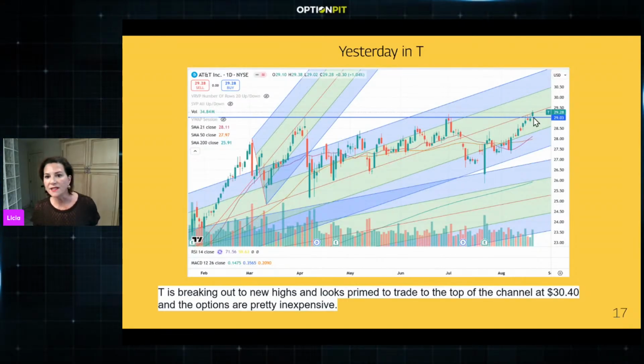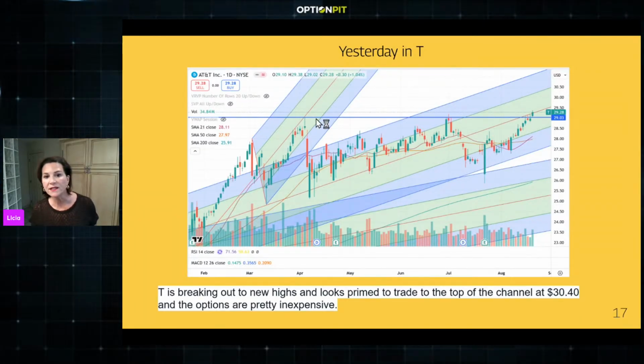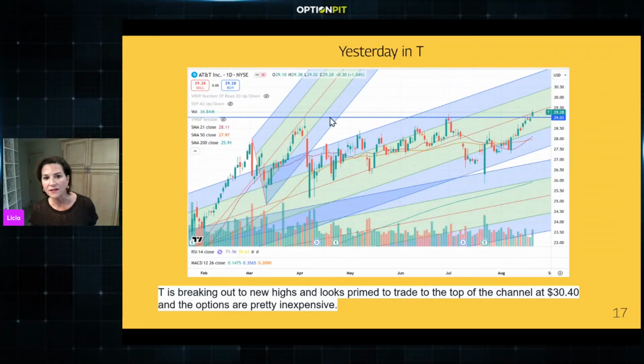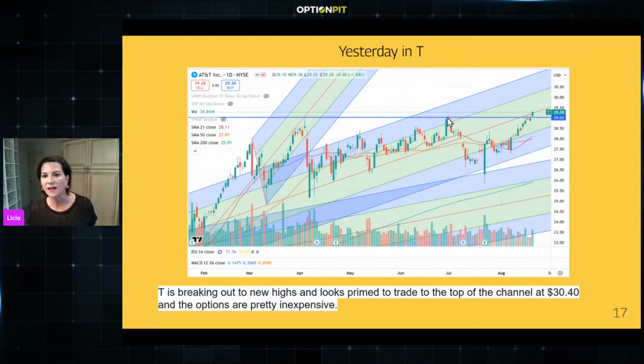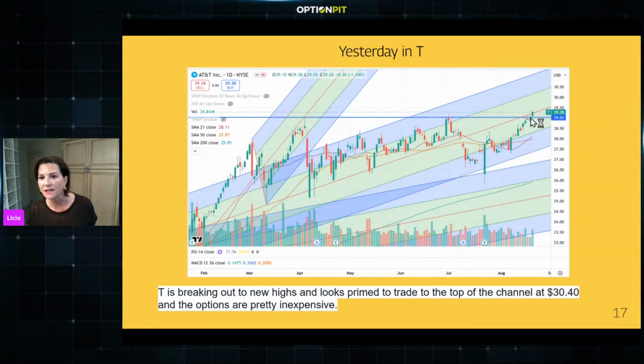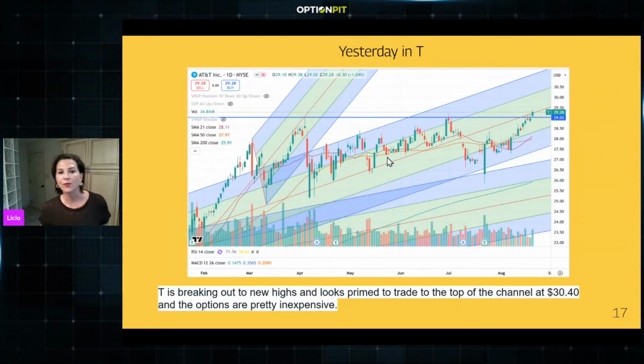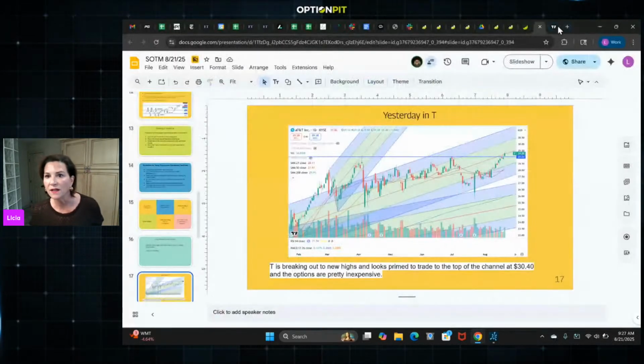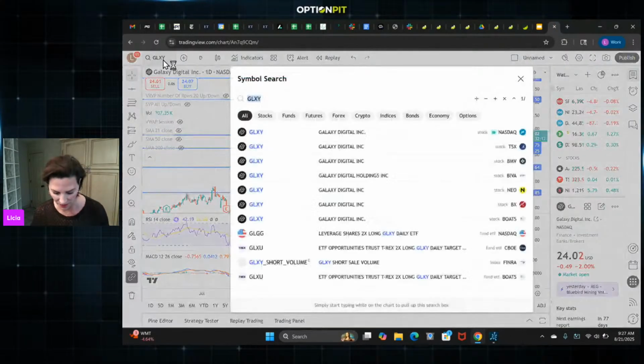Twice the stock could not break out. 2 previous highs, most recent highs. Suddenly, yesterday, the day before, it's breaking out over that resistance. Let's see what it's doing today. Just out of curiosity, market's lower, but.